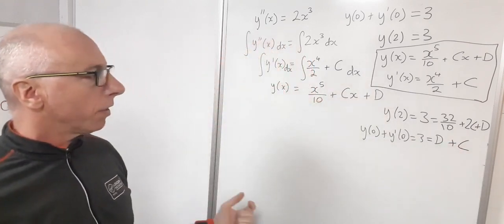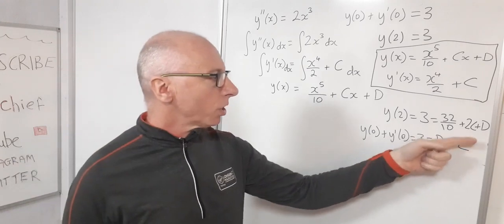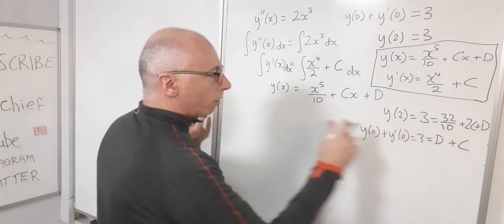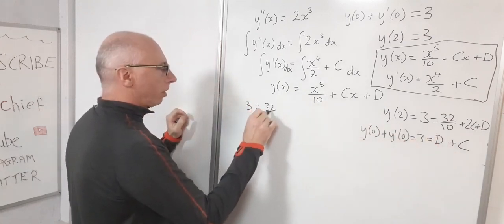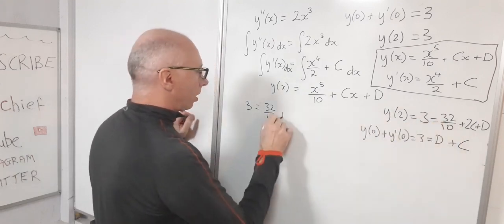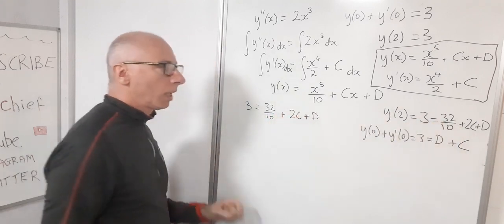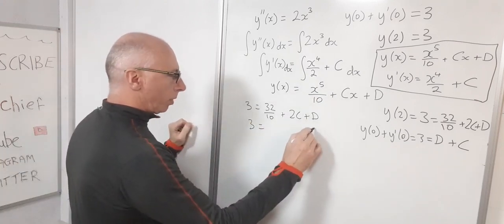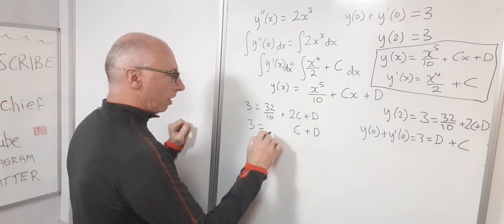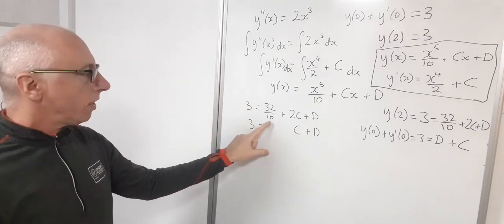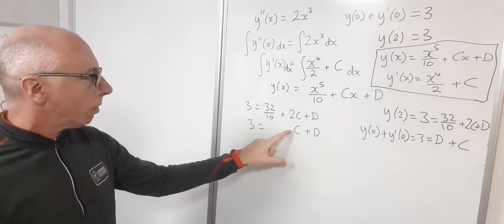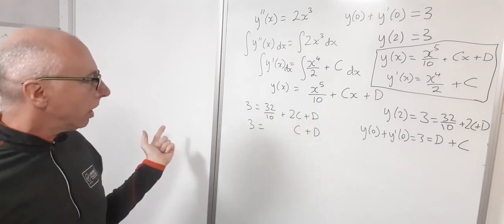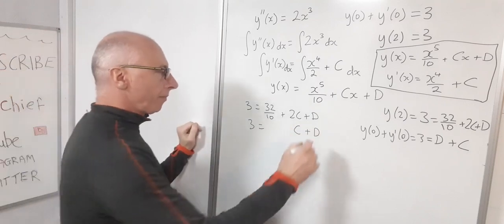Okay, so now what I've got is some simultaneous equations which I can use to solve for c and d. So I've got 3 equals 32 over 10 plus 2c plus d, and my next building block is 3 equals d plus c. First of all, let's try and get rid of d.